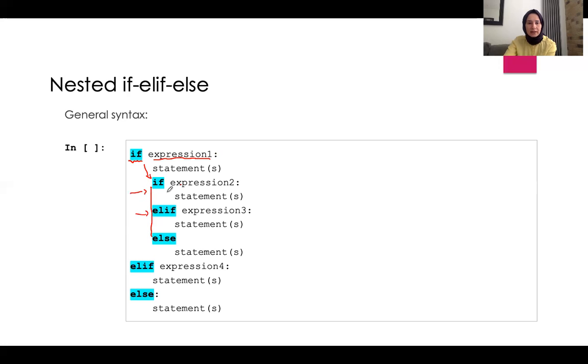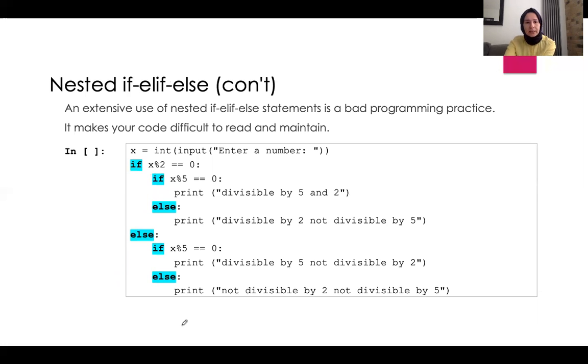It means that they are inside the if statement. So this will be executed, then all this will be executed, then the other codes will be executed if this condition is false, then the elif. If this condition is false, then the else will be executed. So basically, nested if, elif, else means that when you use another if inside the if statement, and we call this as nested. Now we will be looking at an example of the nested if, elif, and else.